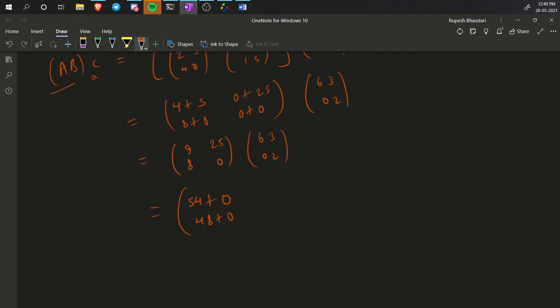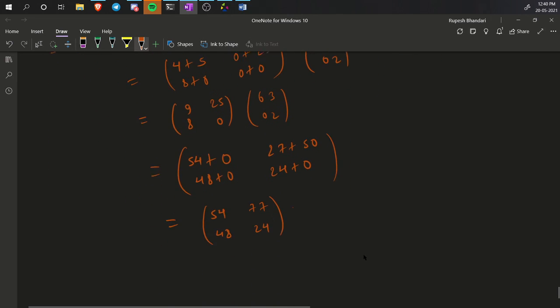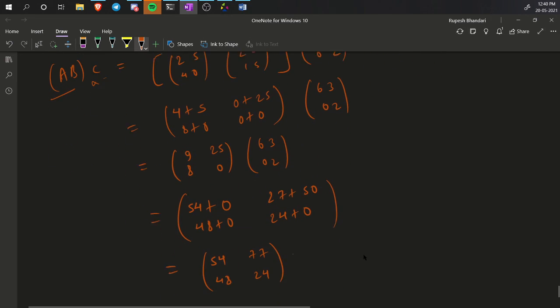After this, again, 9 into 3, 3 nines are 27 plus 25 into 2, 50, and 8 threes are 24 plus 0, right? So this will be 54, 48, 77, 24. Does it match to this 54, 48, 77, 24?